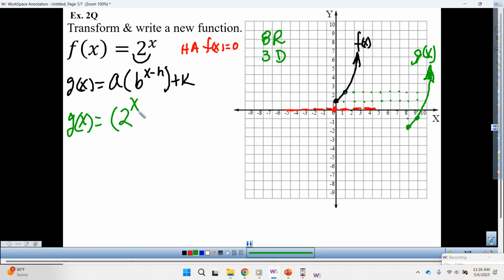So, if we move it 8 to the right, what do I write next to the x? Franco, what do I write next to the x if we moved it 8 to the right? -8. Hands if you got that? That is correct. And then if we move the 3 down, what do we write on the outside of that, Franco? -3.